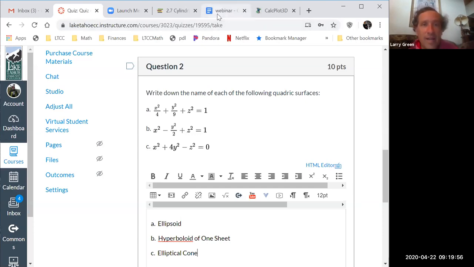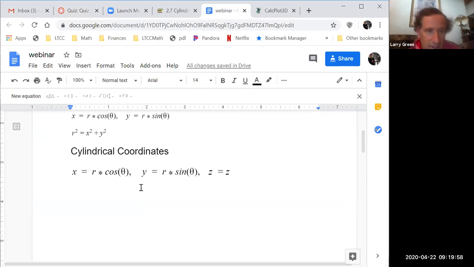Okay, so let's go ahead and talk about cylindrical coordinates. So here's something that should be obvious. If you want to see when you're going to use cylindrical coordinates, what kind of surface do you think is going to be best described in cylindrical coordinates? The hint is the obvious answer.